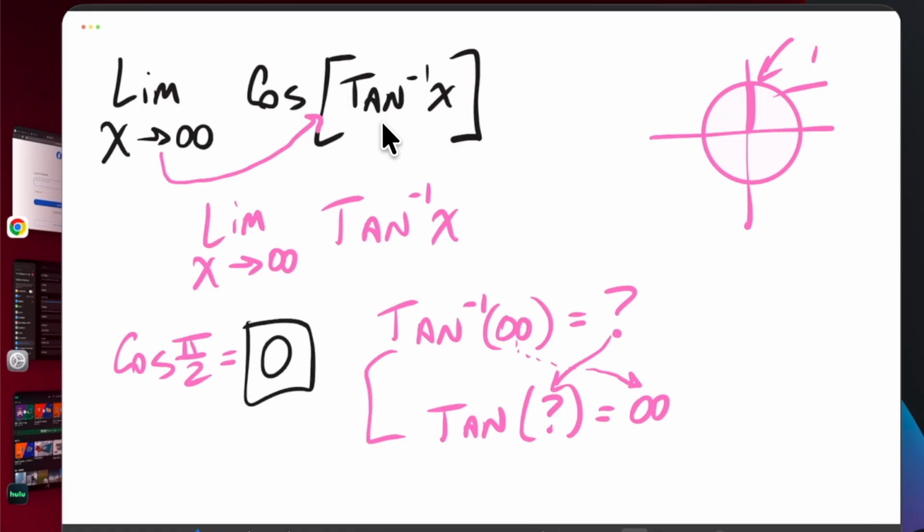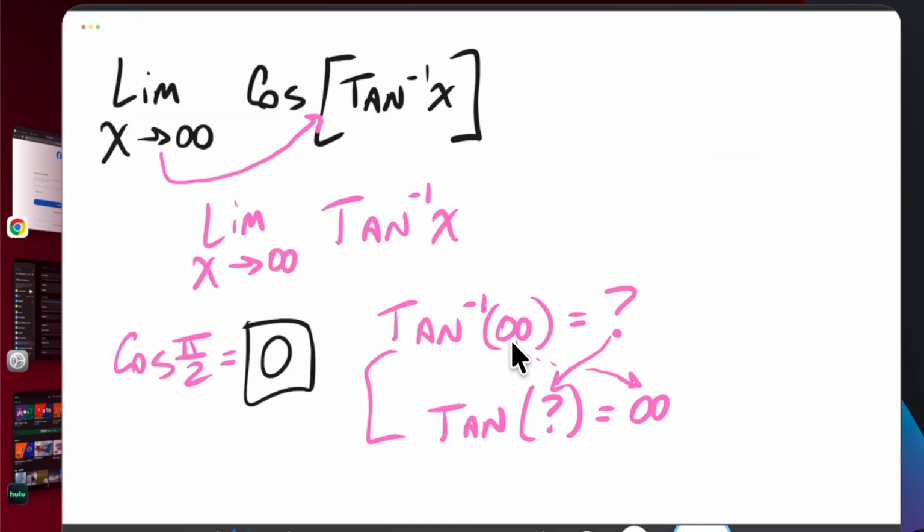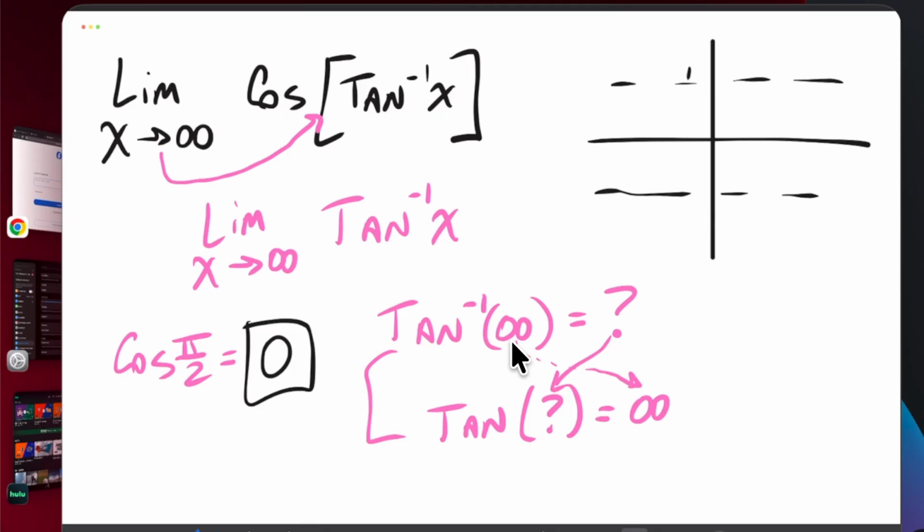Okay, also, if you wanted to look at the inverse tangent as x approaches infinity, you could also theoretically look at the inverse tangent graph, and we know that the inverse tangent graph is going to look something like this. There is a horizontal asymptote at pi over 2 and negative pi over 2, and the inverse tangent graph does that.